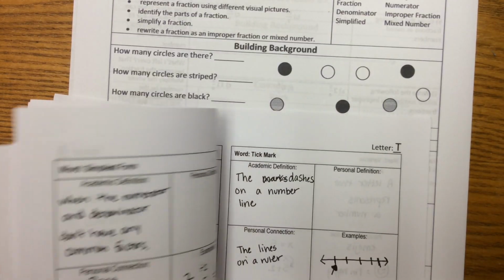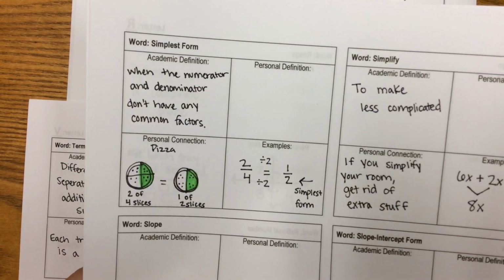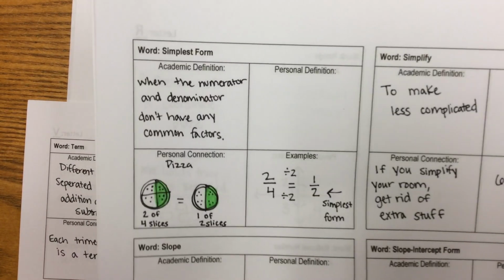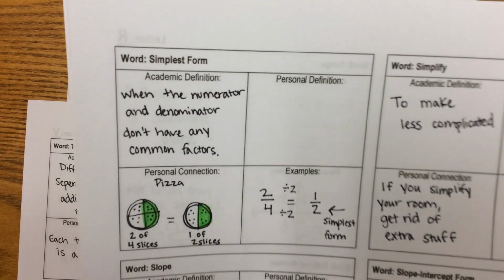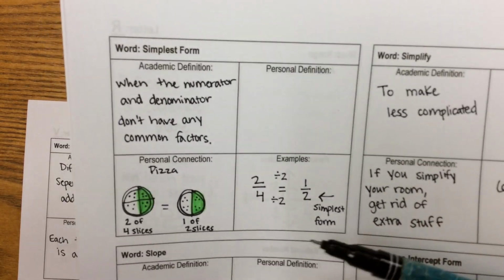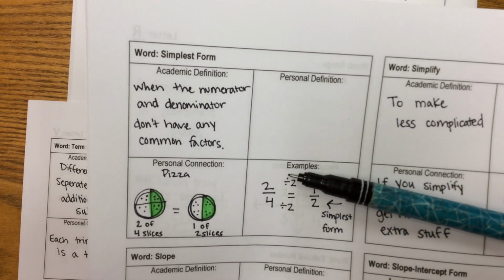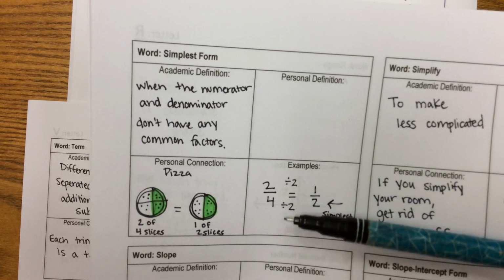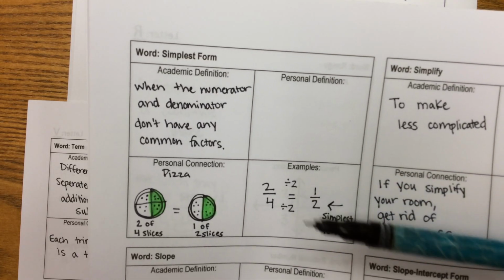Okay, and last one is simplest form or simplified. I didn't write that right, but simplest form. That's S, which is on page 18 for S. So when the numerator and denominator don't have any common factors. So for example, here I start with 2/4, but I could divide both of those by a number. I could divide both by 2. So divide by 2, divide by 2. 2 divided by 2 is 1. 4 divided by 2 is 2.